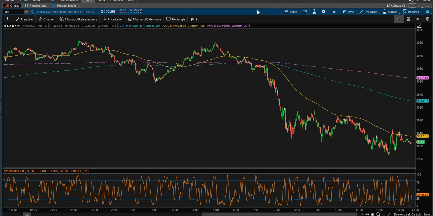Now, you're going to ask, what do those represent? Well, what's cool is, let's say you want to see where the moving average is for a 1 minute, a 5 minute chart, and also a 15-minute chart. I don't have to have 3 charts up to know where the 200 period moving average is on a 15-minute chart, or where the 5-minute moving average is on the 5 minute.